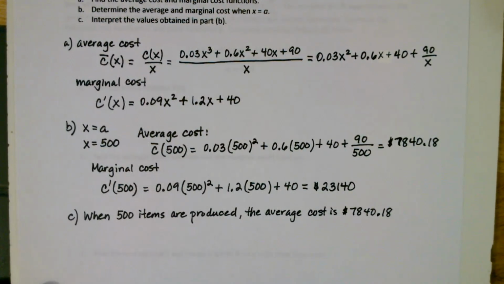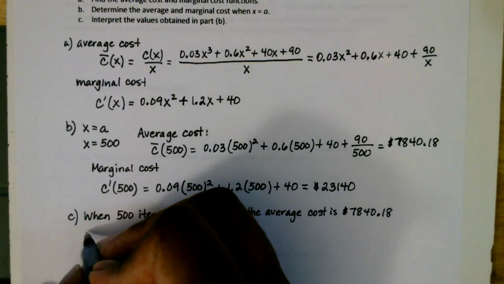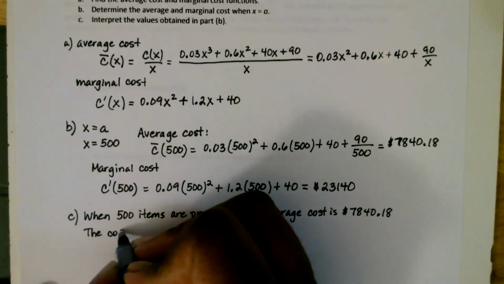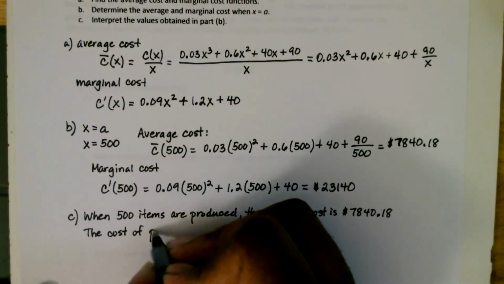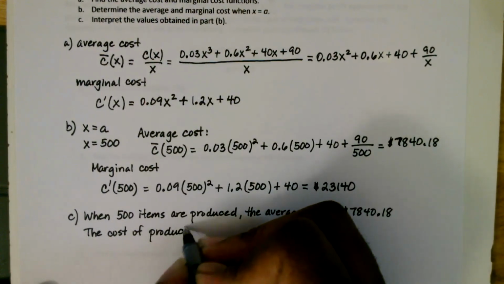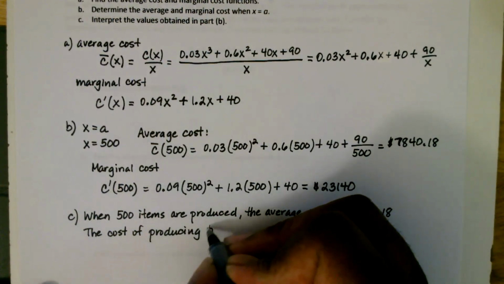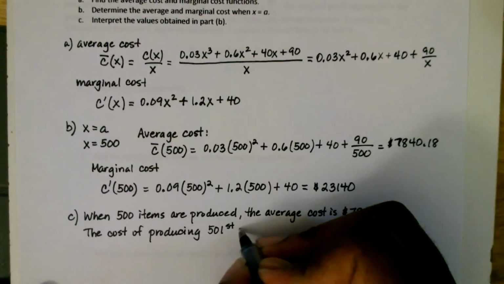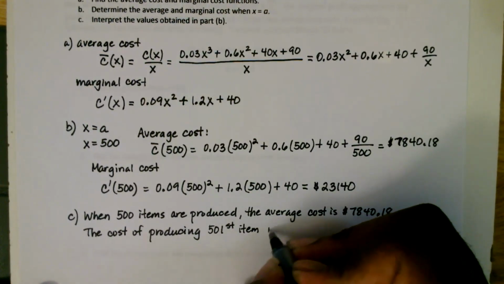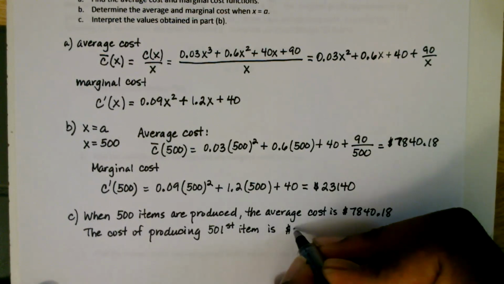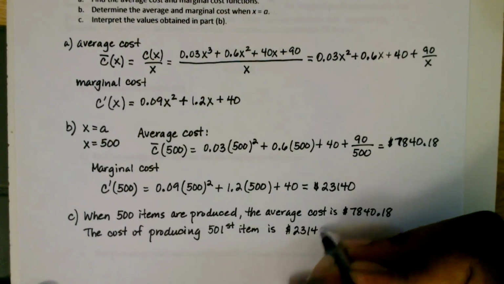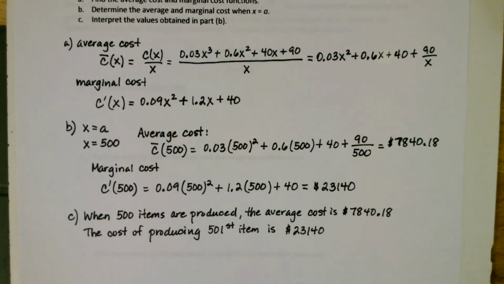Now let's interpret the marginal cost, which is this: keep in mind the definition of a marginal cost is the cost of producing one additional item after, in this case, 500 items were produced. So for the 501st item, that cost would be $23,140. That would be the marginal cost.